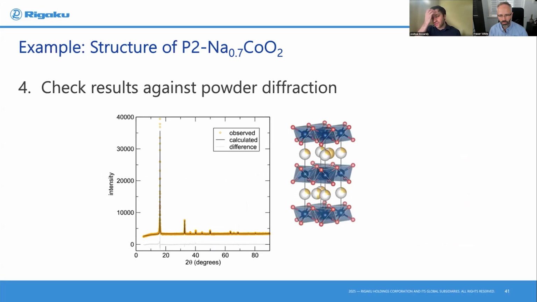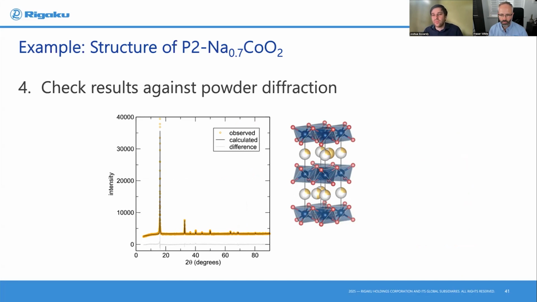And then something that I like to do is we like to always check against powder diffraction, because when you're doing these measurements, you found one portion of one grain of your battery sample, and it's possible that that one structure that you found is not representative of the bulk. That may be quite interesting because in the real sample, there's some diversity, and with the TEM, you can pick out individual particles and solve individual structures.